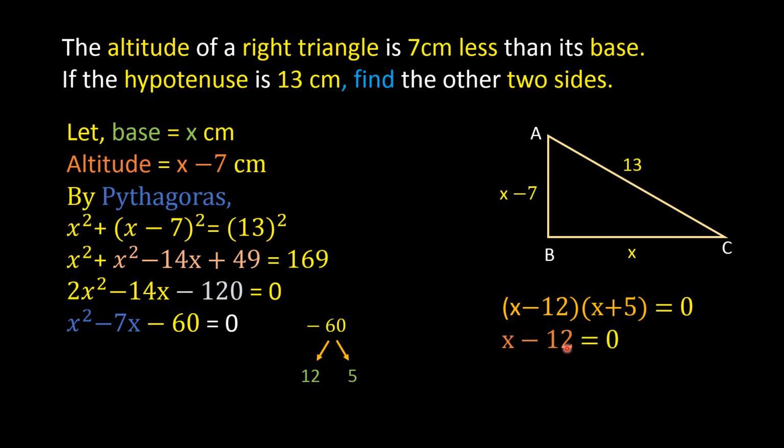X minus 12 becomes 0 and the base BC will be 12 cm, and hence altitude AB will be x minus 7, that will be 5 cm.